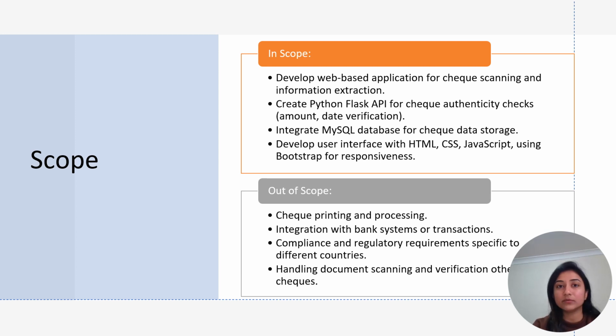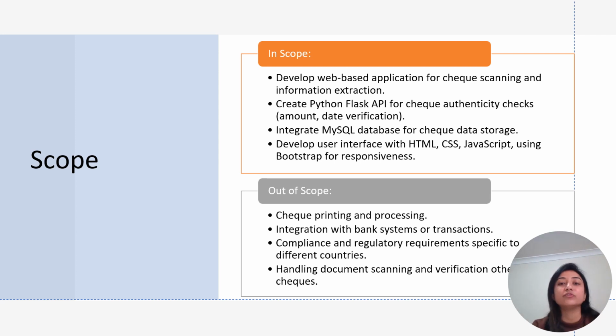The scope is we have to develop a web application for check scanning and information extraction. We have to create the Python Flask API for the check authenticity, like amount and date, and also integrate the MySQL database with the necessary data to store the check data.